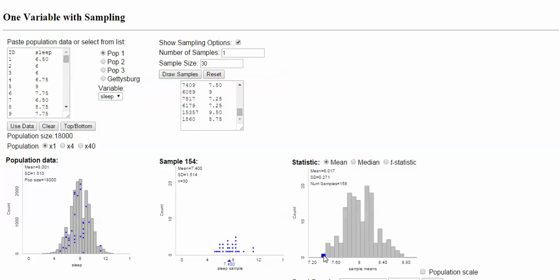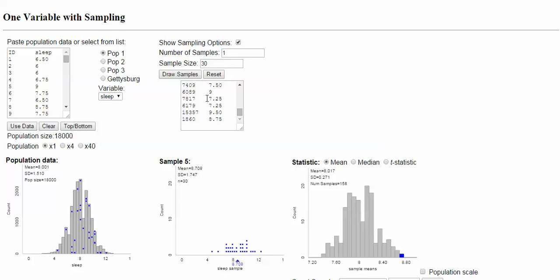The reason why this sample mean was so low is because notice how this sample had quite a few people who weren't getting very much sleep down here. So all of these people here kind of brought down the average of the sample. This is our highest sample mean. And we have some people here who are getting quite a bit of sleep, who brought up the average.